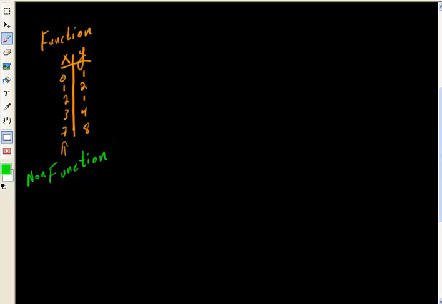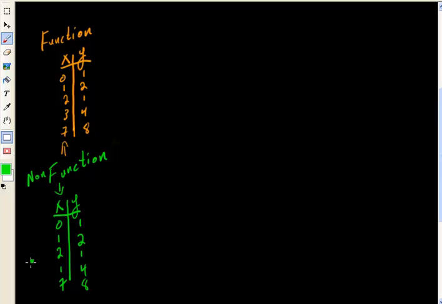So for instance, on a non-function, I'm going to see a table, but instead of having my x's not repeat, I can have something like this. Let's use the same numbers again: 1, 2, 1, 4, and 8. The reason I'm showing you the same y column is to emphasize that the x column is really where I'm focusing my energy.